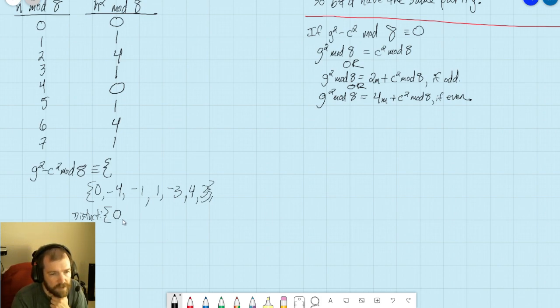So if we write the distinct values of n squared mod 8, this is going to be 0, 1, 3, 4, -3 is 5, 7. So there's 6 possibilities here. Cool.